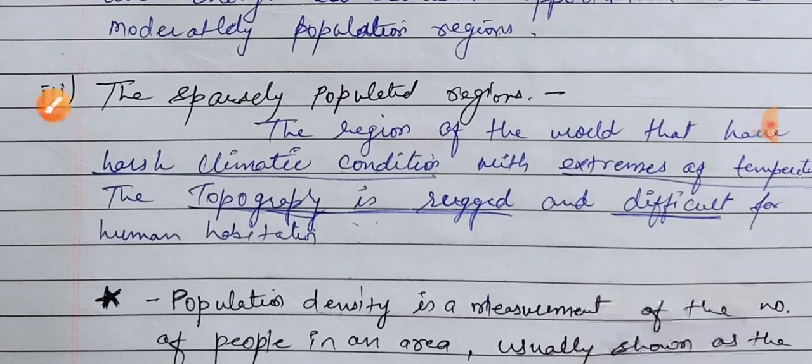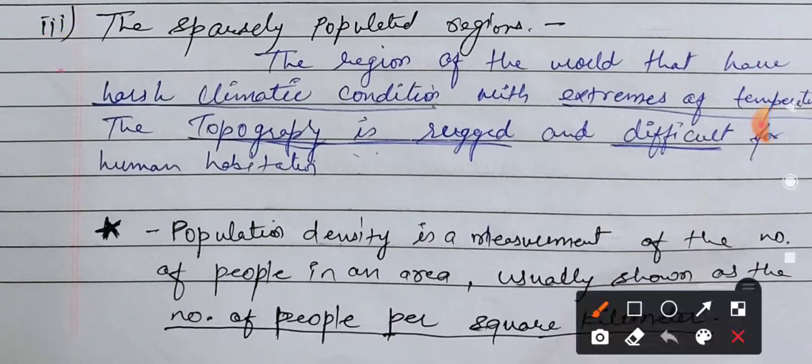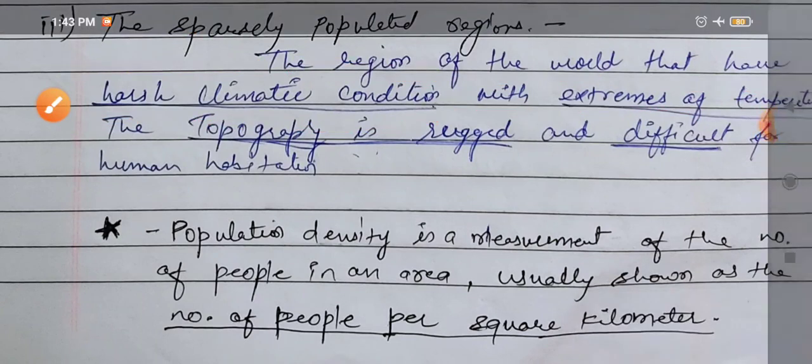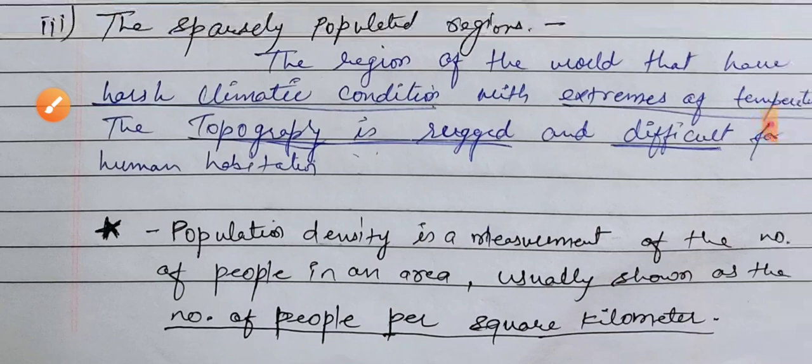The third one is called the sparsely populated region. These are regions of the world that have harsh climatic conditions. Harsh means the climate is very bad, with extremes of temperature, either very hot or very cold.